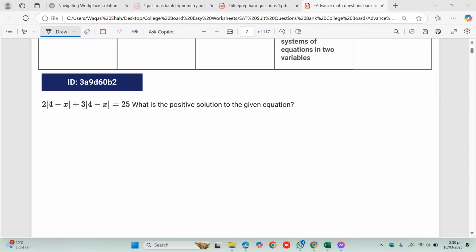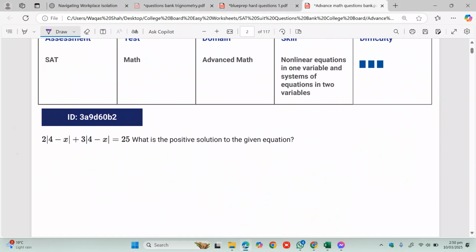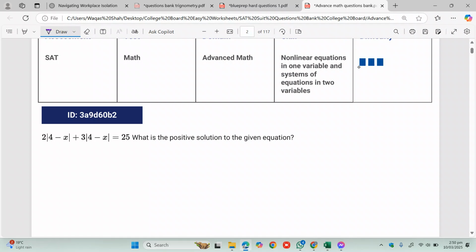Now the second question of this advanced math worksheet from College Board with the highest difficulty level is an absolute value equation: 2 times absolute value of (4 minus x) plus 3 times absolute value of (4 minus x) is equal to 25. You can see, students, that this absolute value of 4 minus x and this absolute value of 4 minus x are the same, so we can combine them.